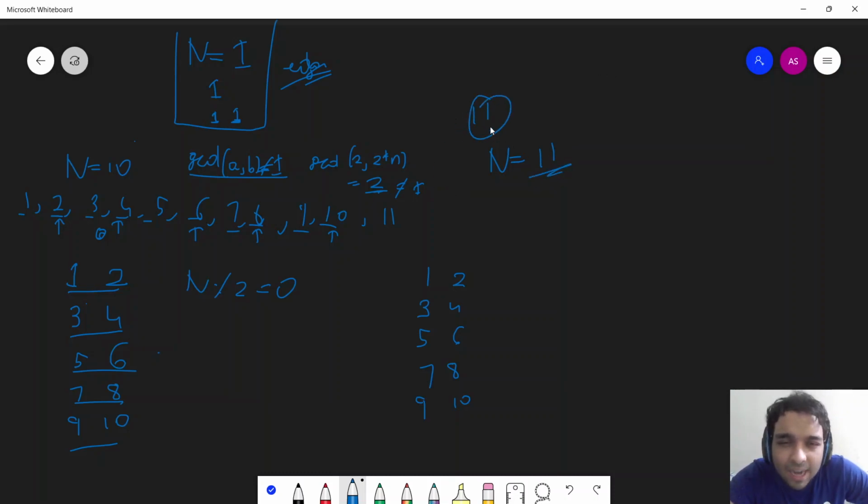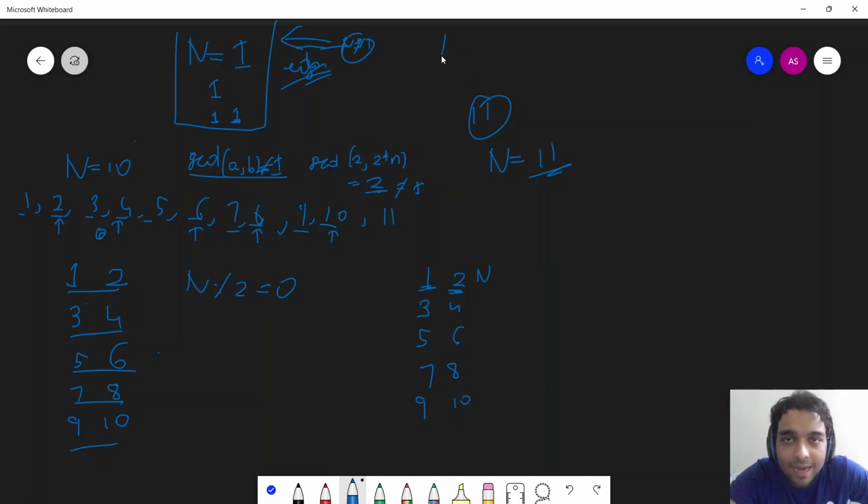So is there any place where I could accommodate 11, or do I have to create a new entry? I want you to observe one thing very carefully. Consider my first day, where I am using 1 and 2 together. Here, if I put my n, I know that my n is not equal to 1 because I have already handled that case.